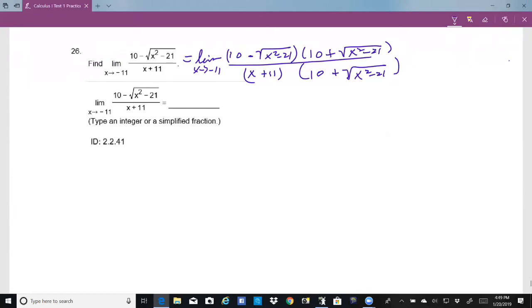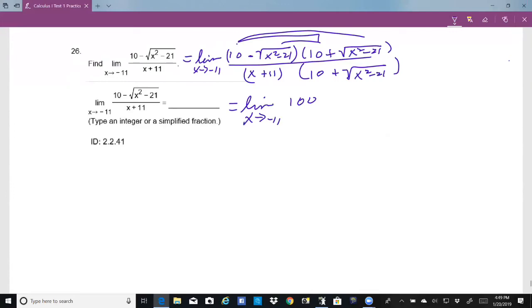And now let's see if we can simplify this. This equals the limit as x approaches minus 11. FOIL out the top and you get 100. The outside is 10 times the radical. The inside is minus 10 times the radical, so they cancel each other out.